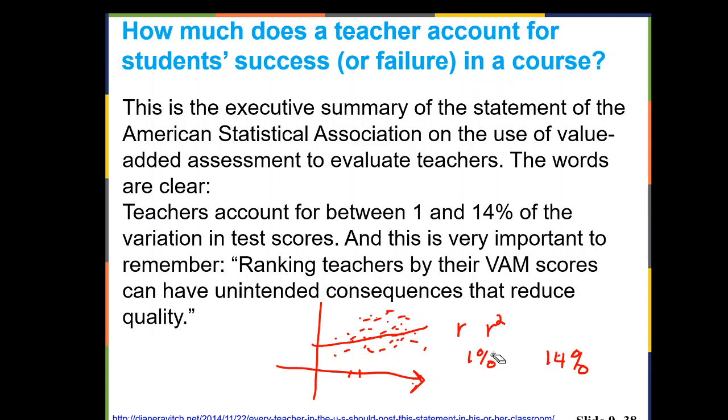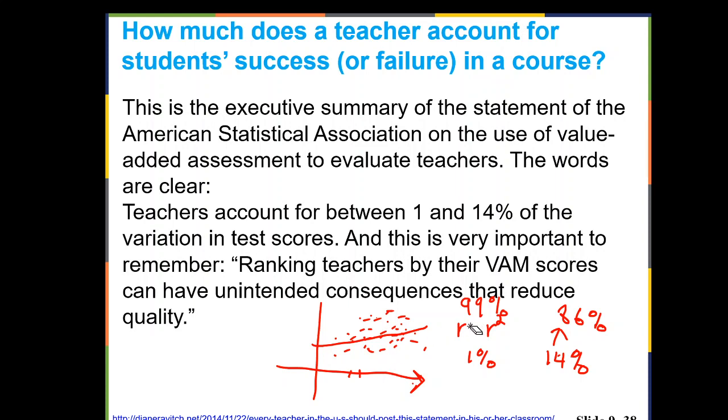So that means in the best case scenario, 86% of the success that students have on the standardized test has nothing to do with the teacher, based on the evidence. In the worst case scenario, 99% of the success of the students has nothing to do with the teacher, how good the teacher is.